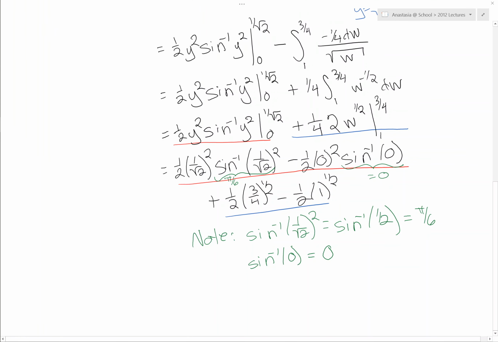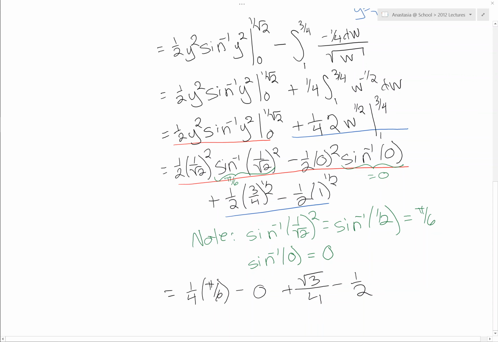So we are going to plug those values in so that we end up with, let's see, 1/4 times pi over 6 minus 0 plus, we can simplify this to the square root of 3 over 4 minus 1/2.